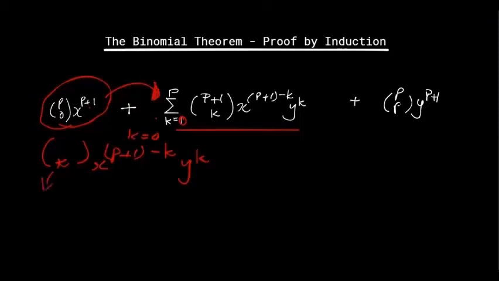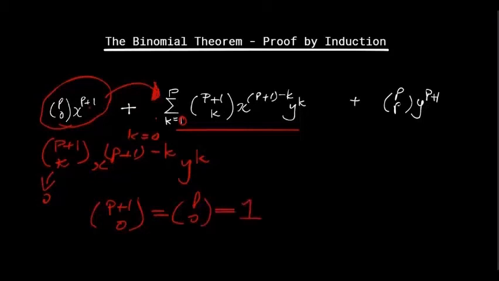So we can deal with the fact that the top is going to change in this binomial coefficient, because p plus 1 choose 0 equals p choose 0, as anything choose 0 equals 1. All right. So just by changing this k index to 0, we've added a term to this summation, and the term that we've added is this term. So now we can remove it.